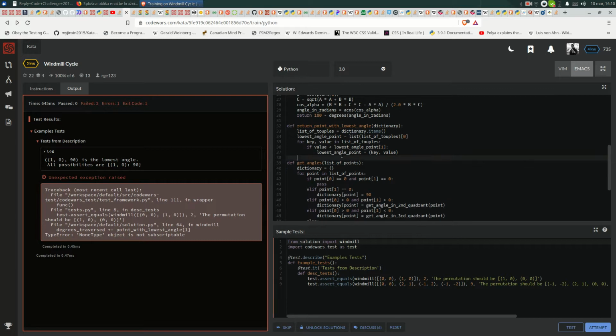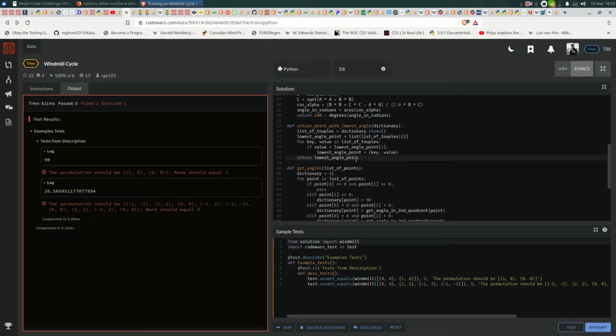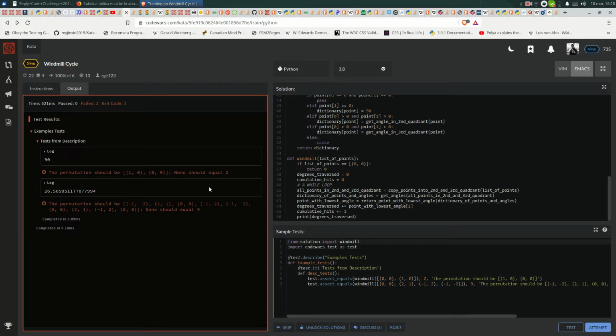We can say it can return anything, so we shall say return lowest angle point. Test it out. 90, 26. All right, that's great.